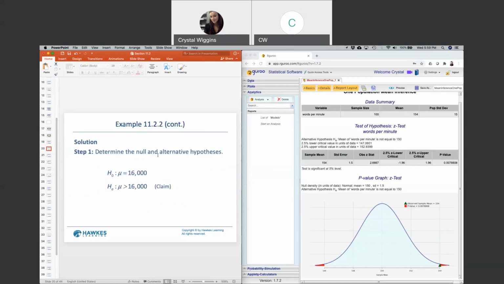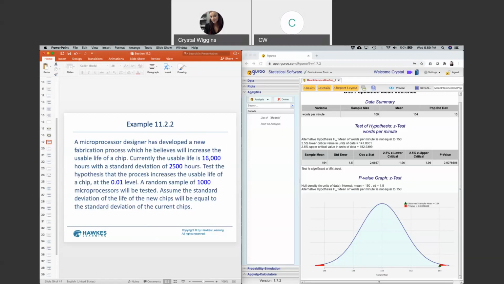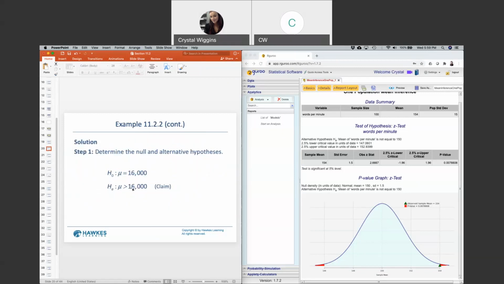So determining the null and alternative hypotheses, again, you first translate that claim like we practiced in the intro to hypothesis testing video. That claim is increases beyond 16,000. So I write the alternative first, greater than 16,000, label my claim, and I create the complement.